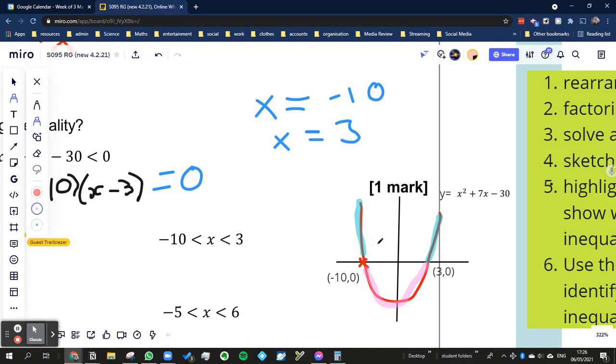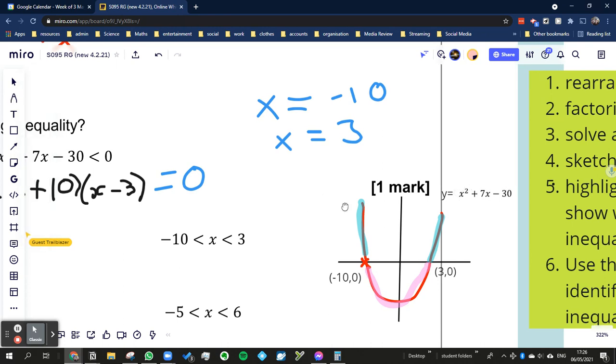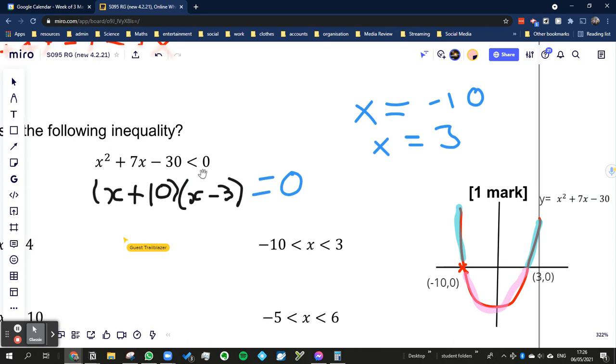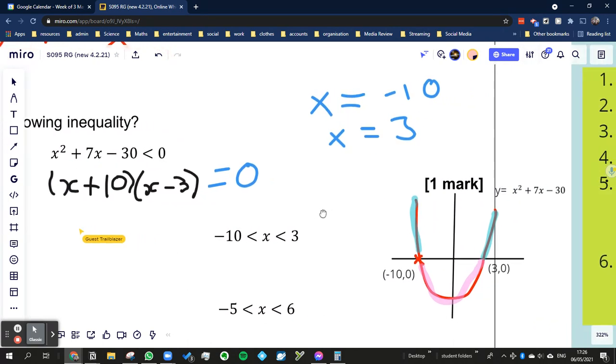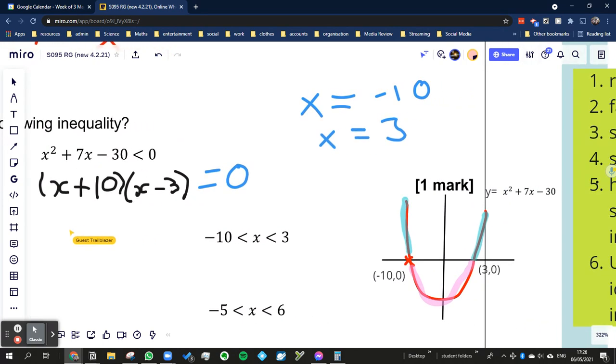Remember the equation is saying that y is equal to x squared plus 7x minus 30, and that is what our inequality is. We want to know, when is x squared plus 7x minus 30 less than 0? Well, it's going to be when y is greater than 0. Sorry, it's when y is less than 0. So it's this bit here.